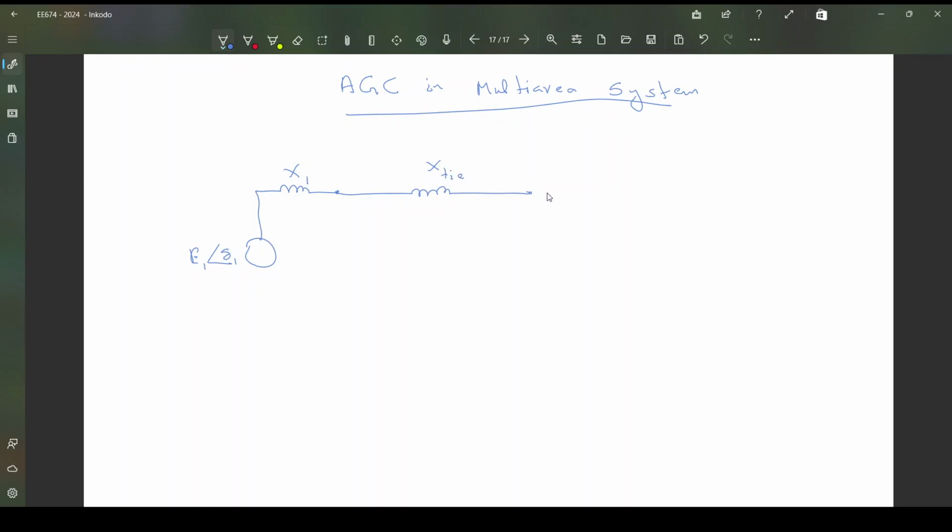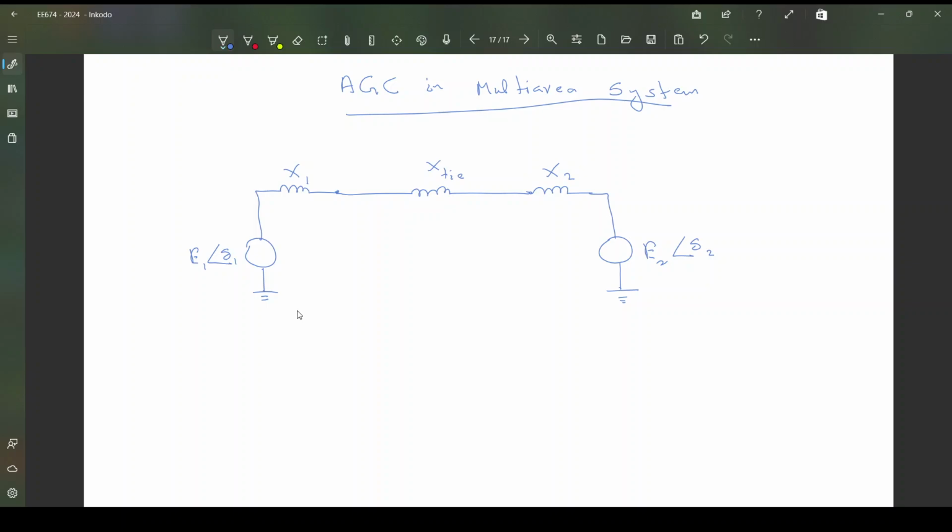And then the second area, we have the equivalent generator circuit with the voltage E2, and let's say the angle is delta 2 in this case. So both the systems are grounded at this point.